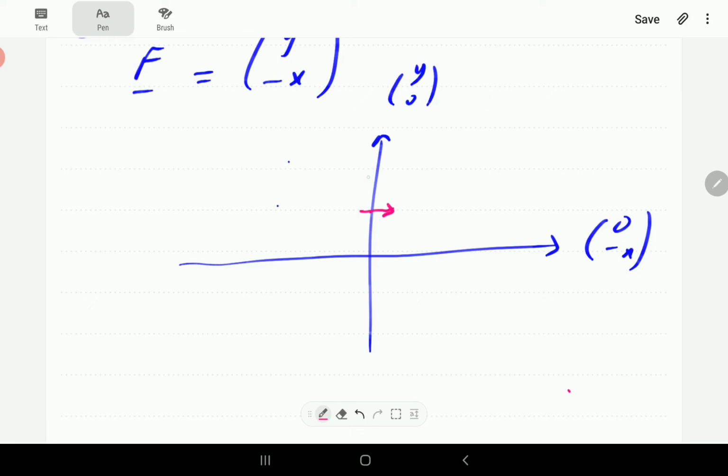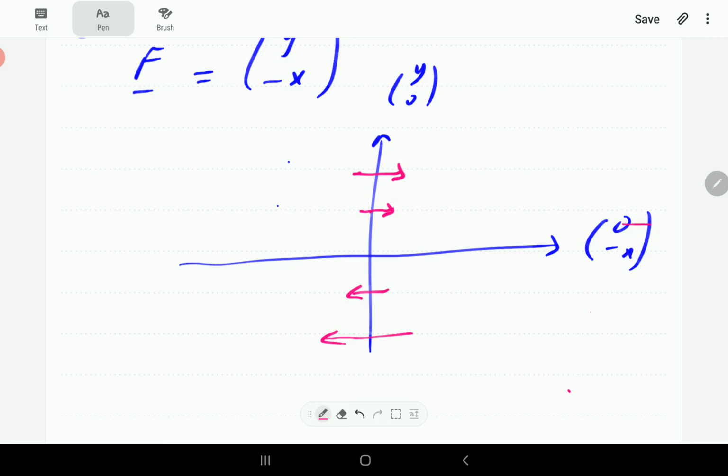And then if you go up further, y is 2, so that vector is going to be going like that. And then below the origin, y is now negative, so it's going to be negative 1 here. So it's going to be going the opposite way to that one, and then getting bigger as you get away.